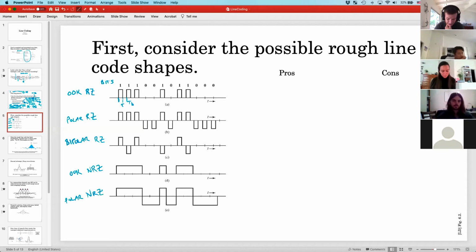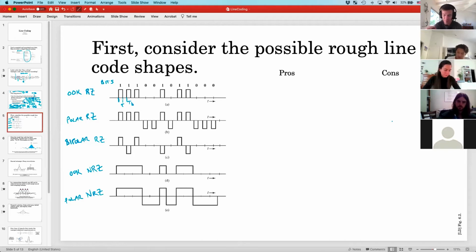Okay, so I listed these as pros and cons, kind of assuming that we would just continue these rows across. But when I was thinking about it, when you assemble a pros and cons list, especially with things that are exclusive, a pro in one row is a con in the next row, and you duplicate information.